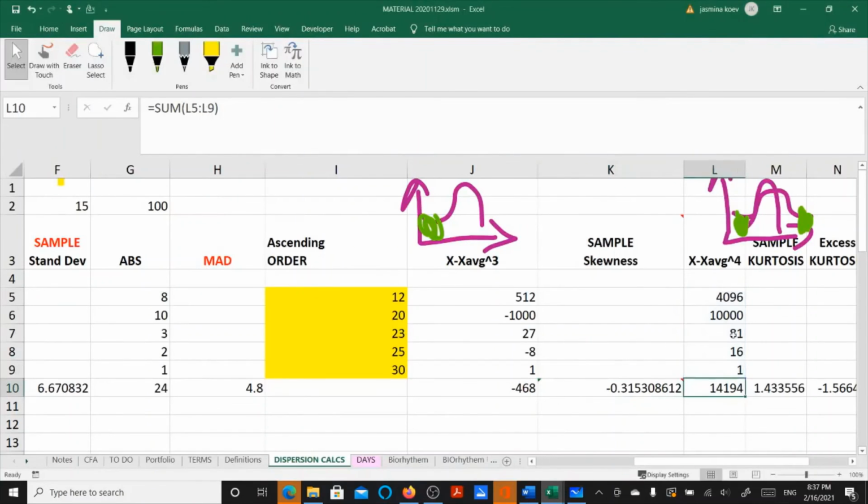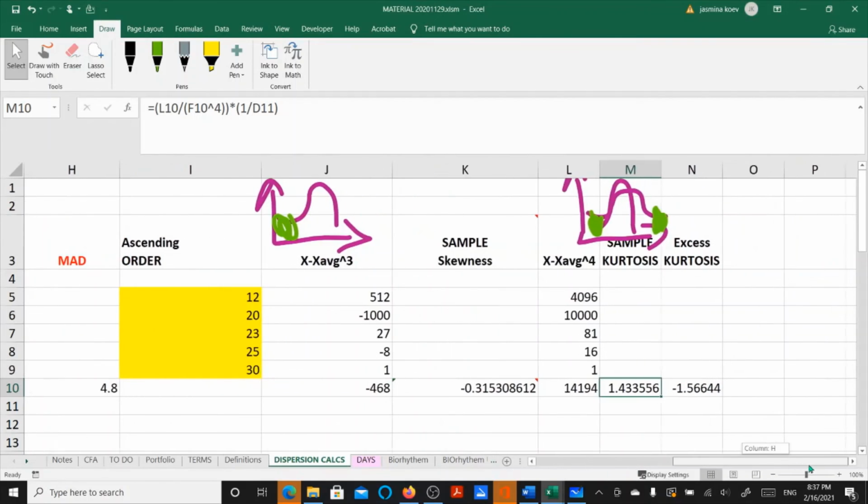It's again very similar to what we did earlier, but to the power of 4. We're summing it up, and again I want to show you this formula. You see this is 1 over n, the number of observations. I'm thinking maybe it ought to be n minus 1, since we are potentially using sample number of observations. I don't play around with the mathematics, basically, is what I'm saying.